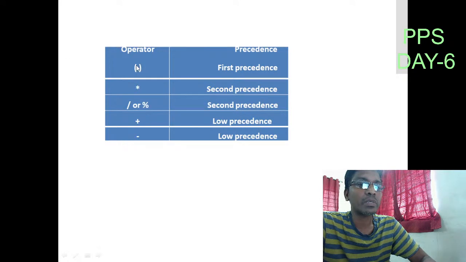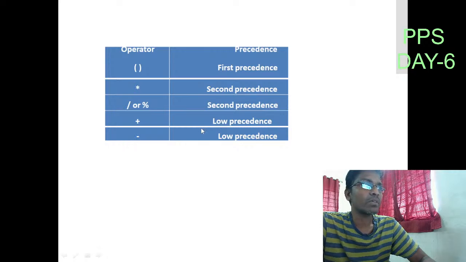Whatever expressions are enclosed in parenthesis, you need to evaluate first. So open and closing parenthesis is the first, or highest, precedence. Later you give multiplication, and after that slash and percent operators. These come under second precedence, and plus and minus are lower precedence.